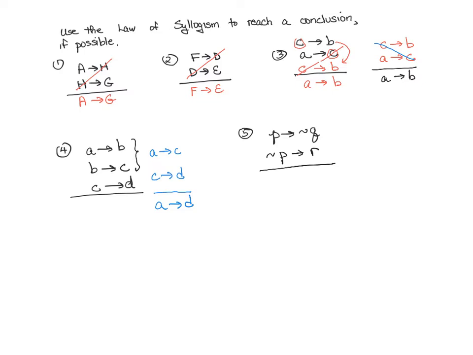We do not have a match, but using the law of the contrapositive, this becomes the negation of Q, then not P, and then if not P, then R. And notice that these would cancel, and we can rewrite this as if Q, then R, since not not Q is logically equivalent to Q.